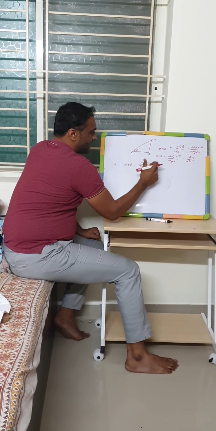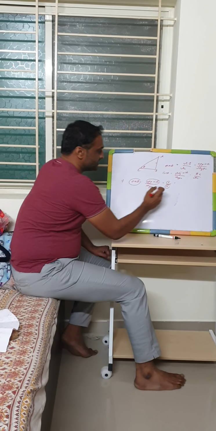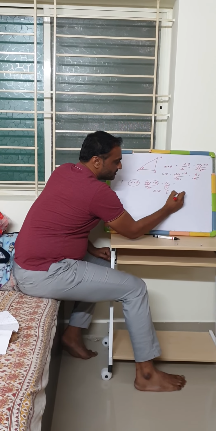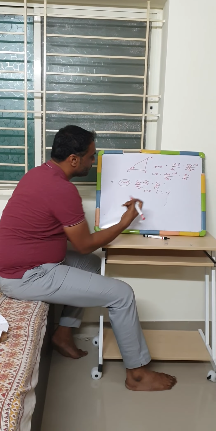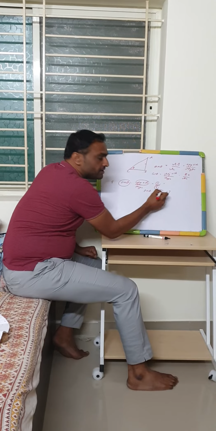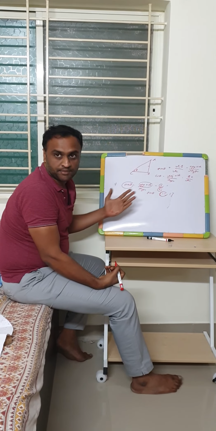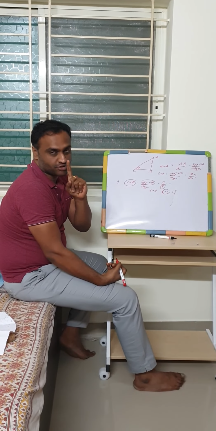If you go by this definition, the sin theta value should always be positive by positive. But what we know is that the minimum value of sin theta is -1, meaning its range is between -1 and 1. So why do negative values come for sin theta? The definition is opposite side by hypotenuse, right? That is the first question.